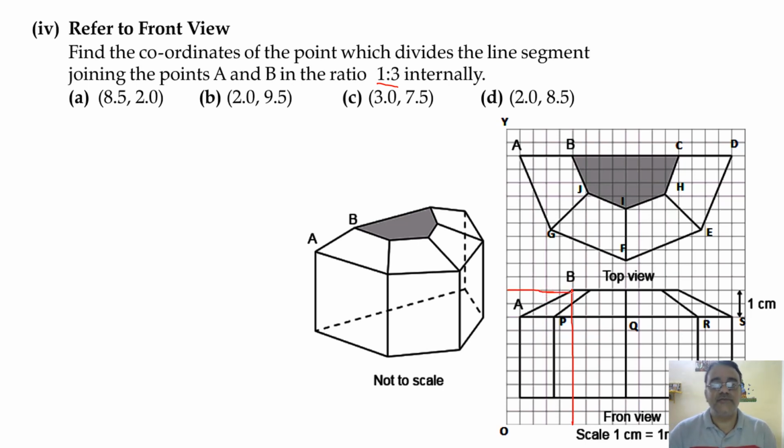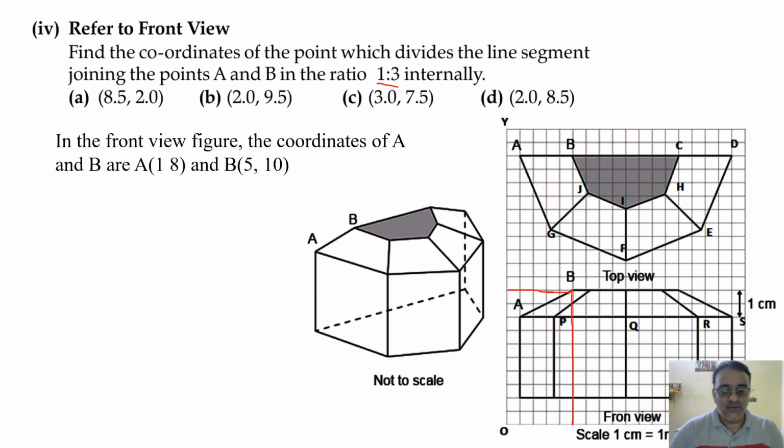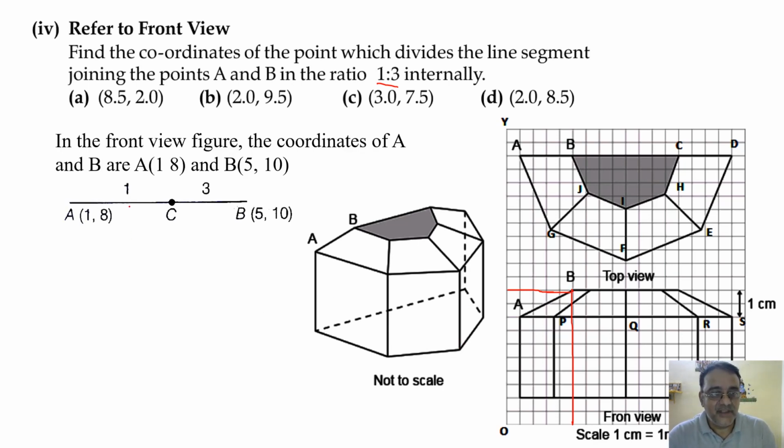So A is 1, 8 and B is 5, 10. तो यहाँ पर हम लोग एक लाइन ड्रॉ कर लेंगे, and the ratio is given 1:3. So ध्यान से देखो कैसे लिखेंगे हम लोग: m1 into x2, that is 1 into 5, plus m2 into x1, that is 3 into 1, upon 1 plus 3, right? And the next one is m1 into y2, that is 1 into 10, plus m2 into y1, that is 3 into 8, upon 1 plus 3.